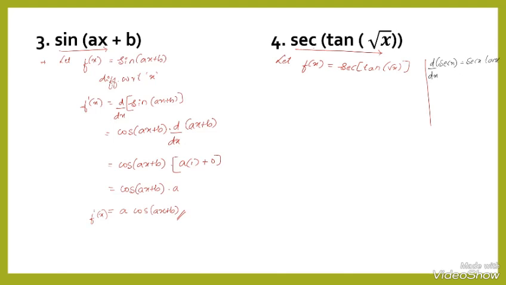Differentiation of sec x will be sec x into tan x. Again, by the standard formula, differentiation of tan x will be sec square x. Okay, these are the basic standard formulas for differentiation. Differentiation of sec x will be sec x into tan x. Differentiation of tan x will be sec square x.